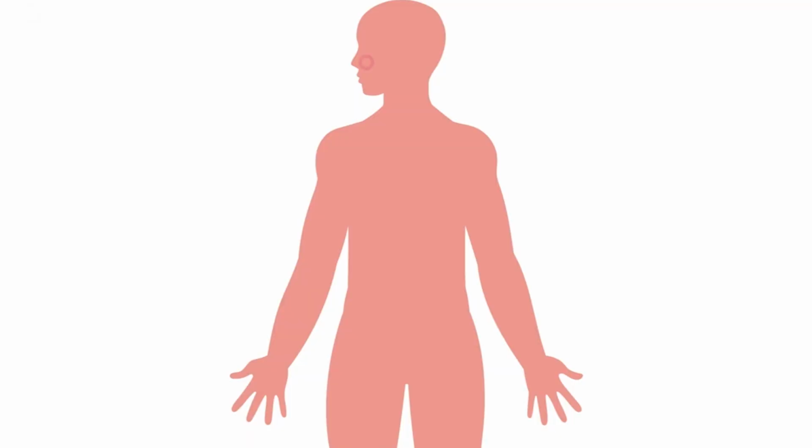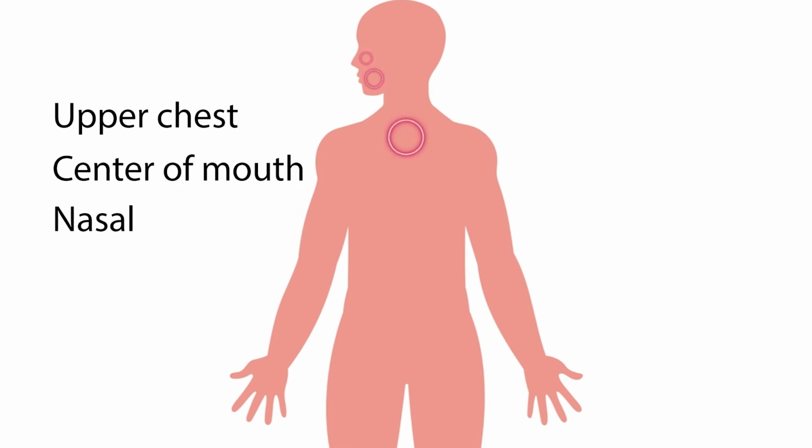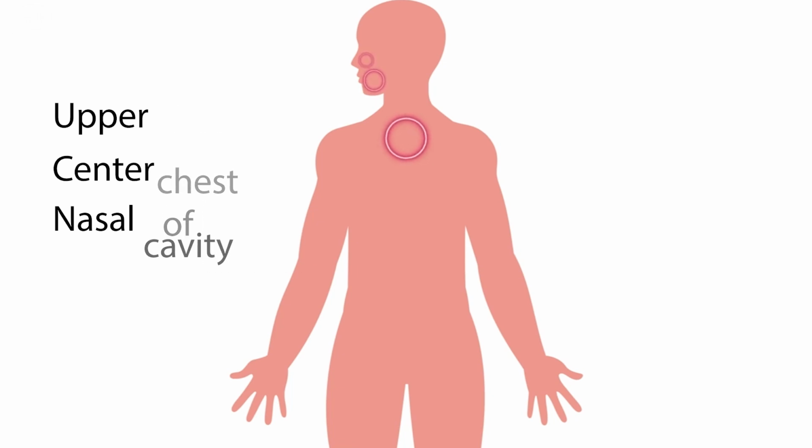I describe American English voice placement as a sound that resonates primarily in the upper chest, the center of the mouth, and with a little bit of nasal resonance. It's balanced overall between chest, mouth, and nose. At least that's what it sounds like and feels like to me when I speak English.